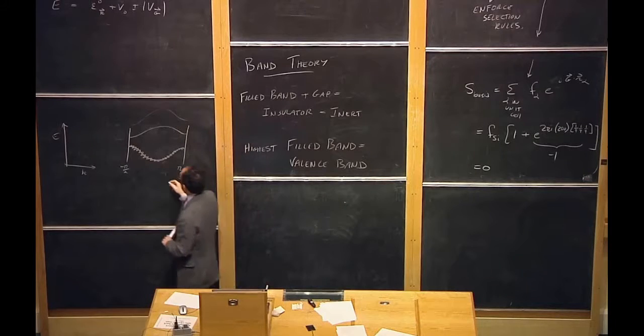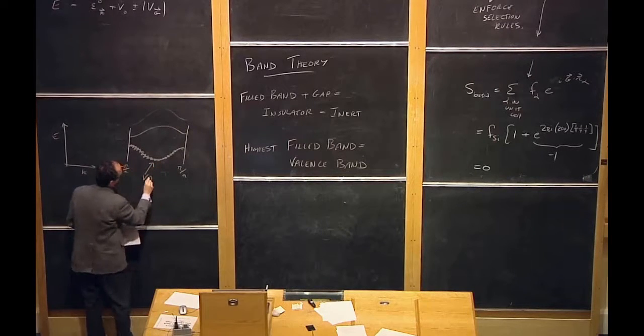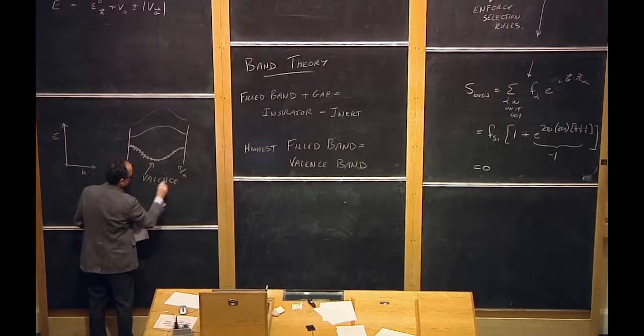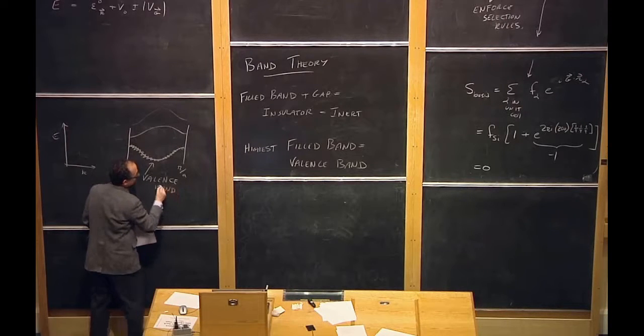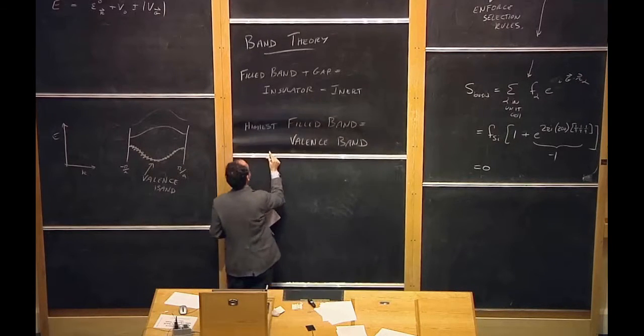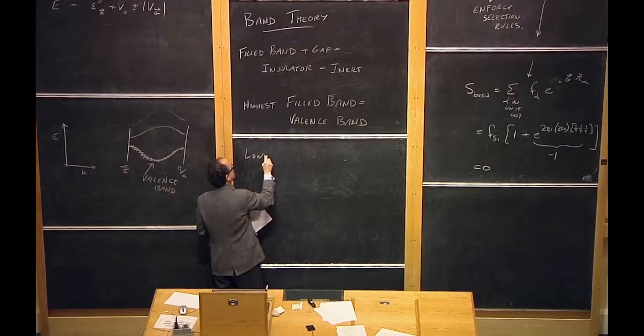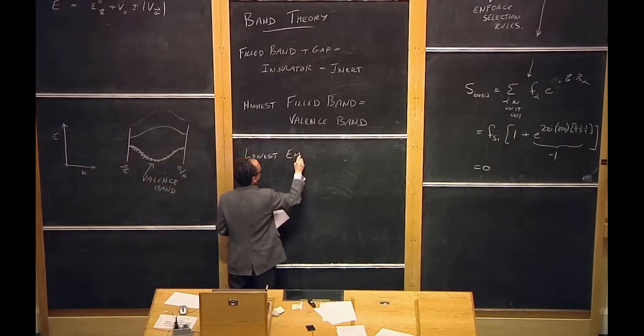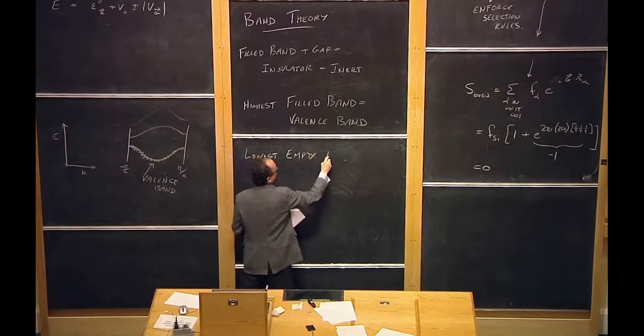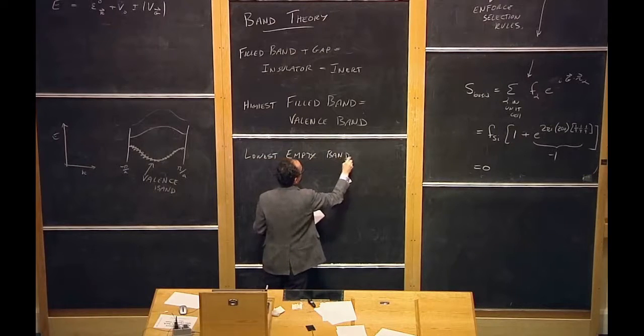So here this would be the valence band. And the lowest empty band is known as the conduction band.